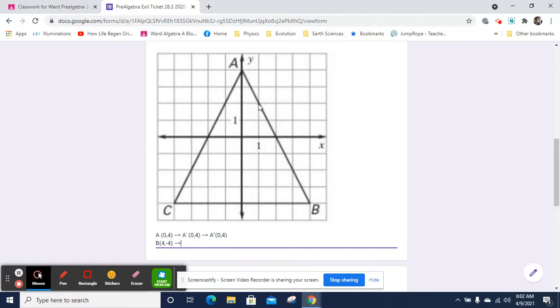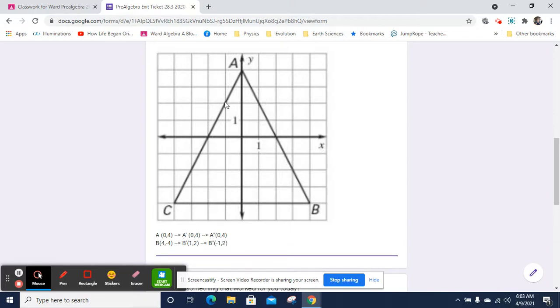So the B prime will be at (1, 2). And then when we reflect that over the y-axis, we have a B double prime, which will now be on the opposite side of (1, 2). It's going to be at (-1, 2). So x changes sign when you flip across the y-axis.